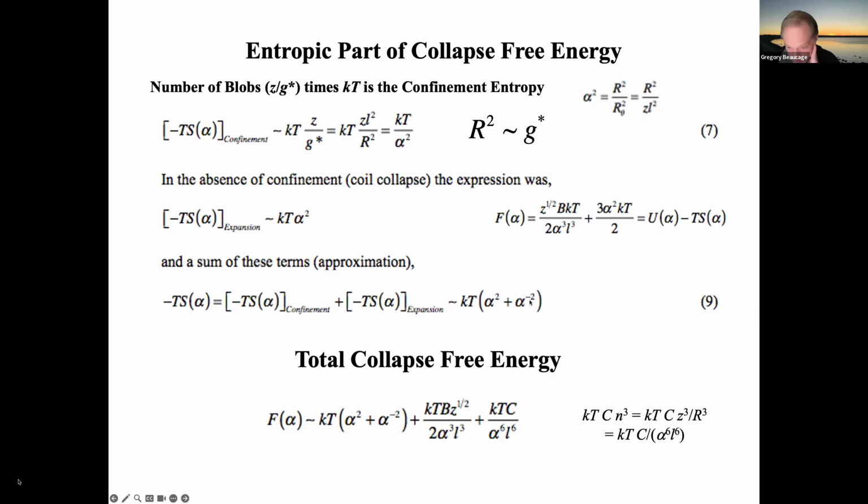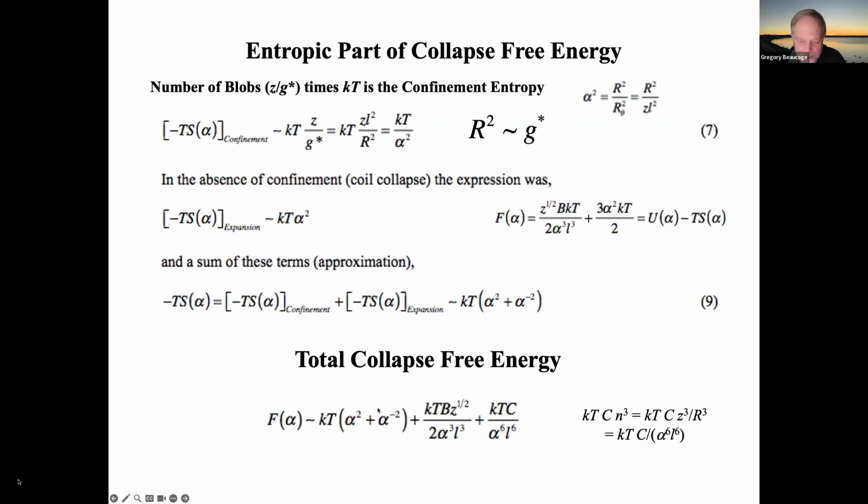When alpha is larger than 1, it's an expanded coil, and this term drops out because 1 over something large is much smaller than something squared. When alpha gets smaller than 1, you have collapse: this term drops out gradually, and then this term takes over. So it allows you to have Gaussian, expanded coil and collapsed coil all in one entropic expression.